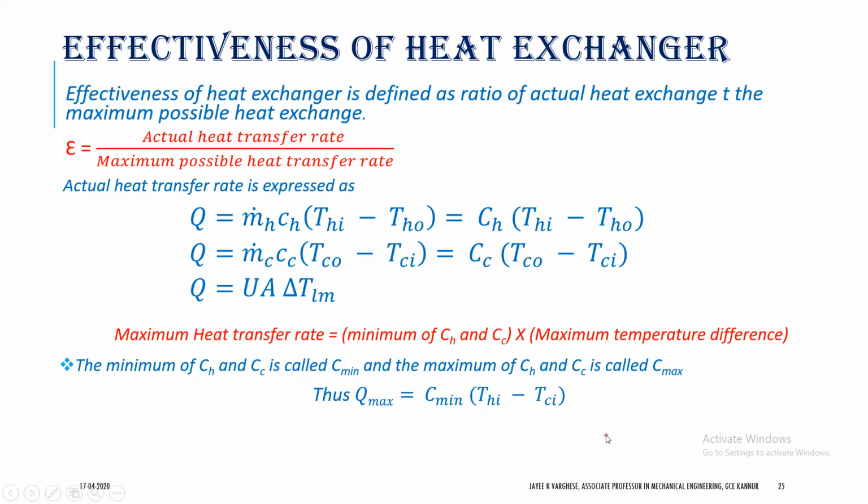If at all some temperatures will be unknown, they will be Tho and Tco. So maximum possible heat transfer is given by C min into Thi minus Tci. And if we can obtain epsilon without actually knowing the outlet temperatures, then we can calculate the actual heat transfer rate as epsilon into maximum possible heat transfer rate. So this method can be used.